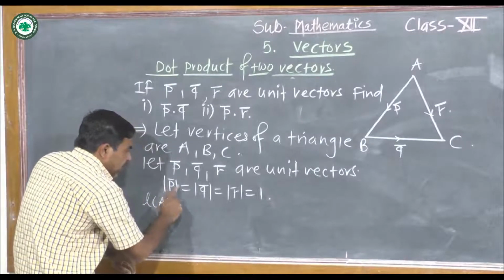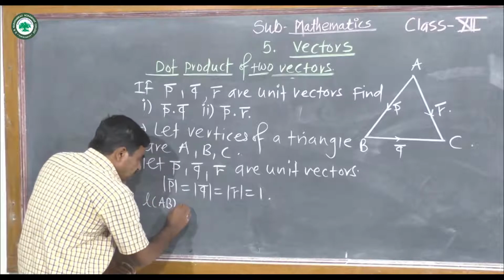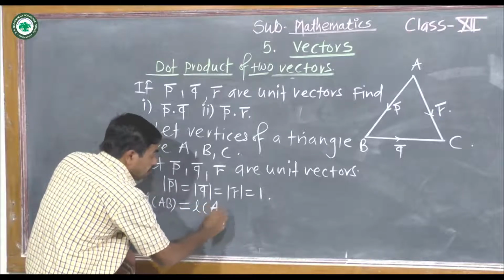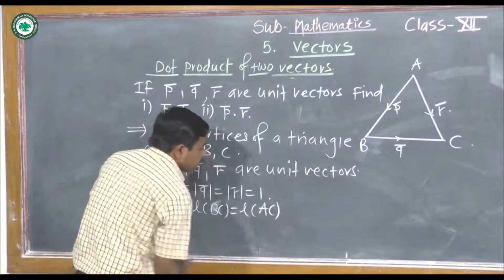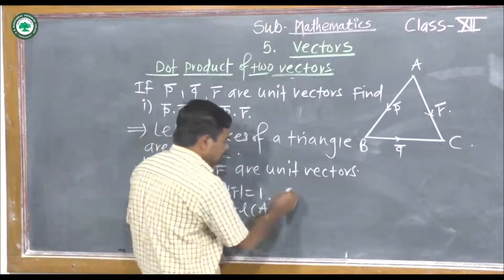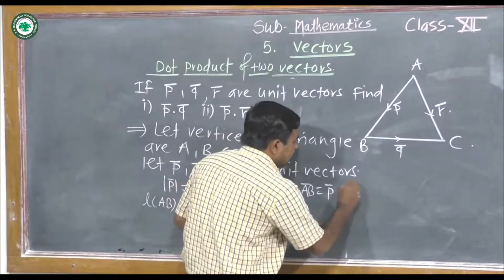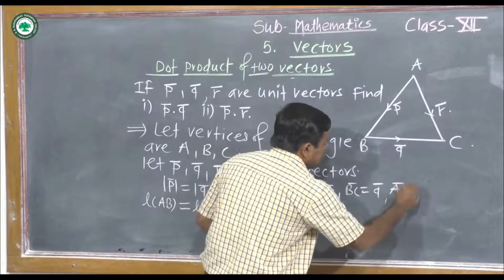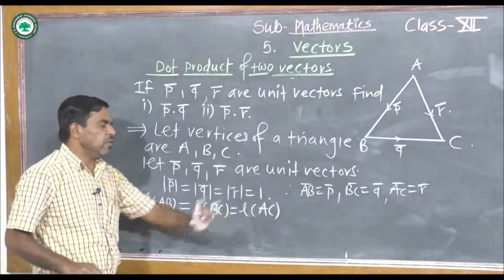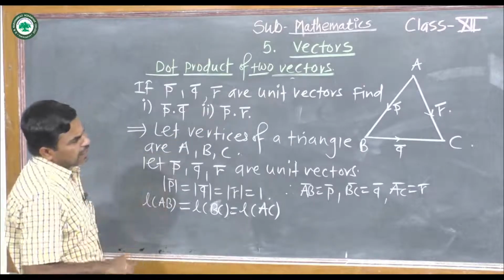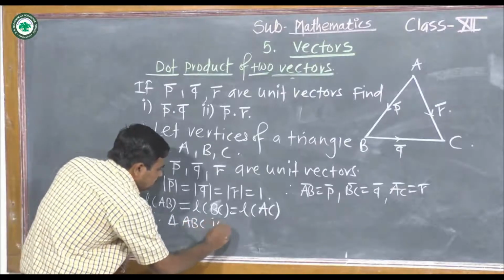Magnitude of vector p is equal to magnitude of vector q is equal to magnitude of vector r, means length of AB is equal to length of BC is equal to length of AC. So therefore triangle ABC is an equilateral triangle.